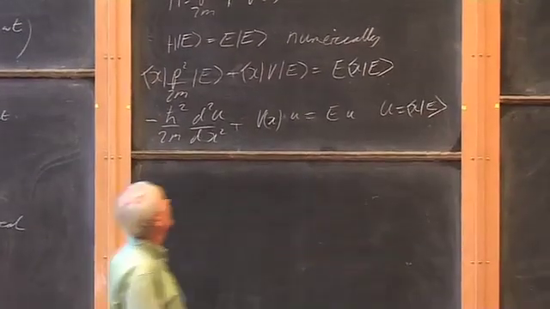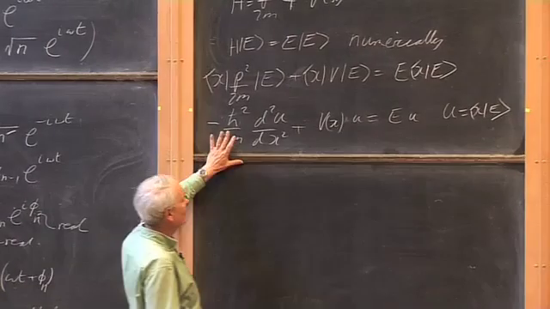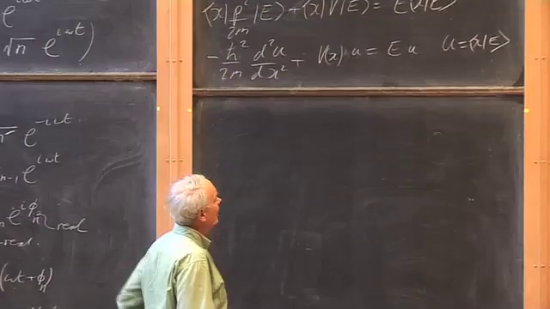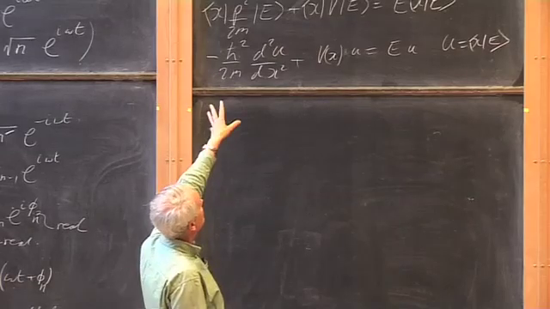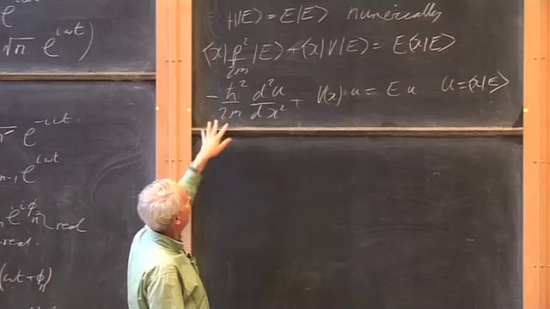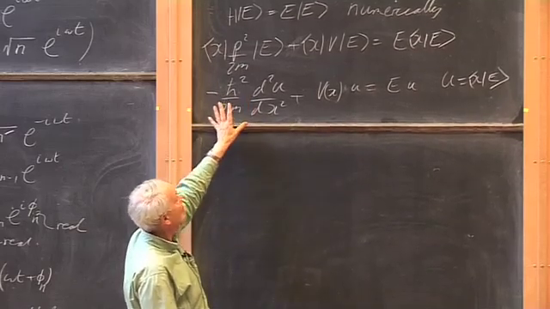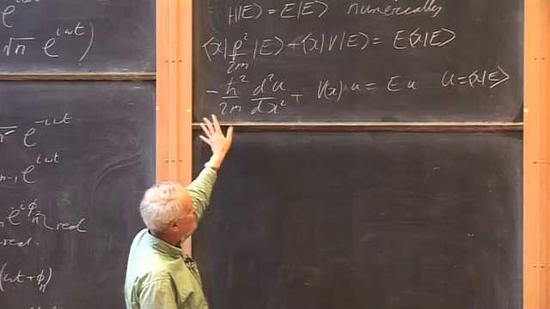Now, I'm afraid I meant to bring my laptop with the official figures. But when you do this, by discretizing this differential equation, we turn it into an exercise in linear algebra, which your computer solves.